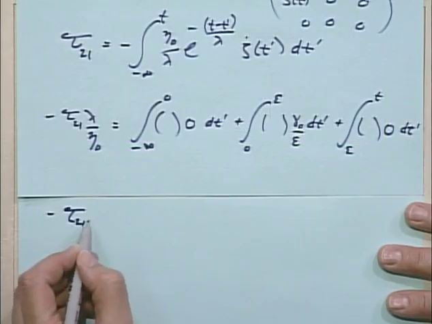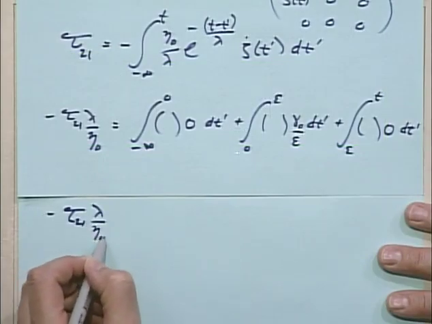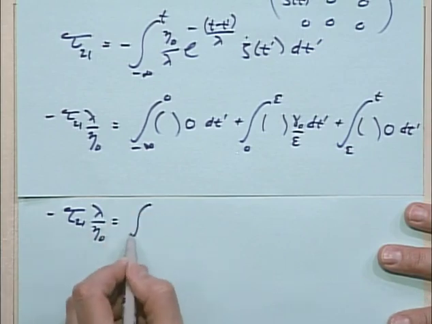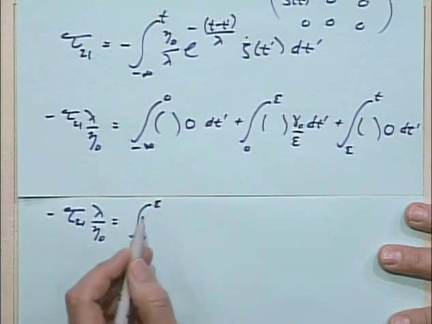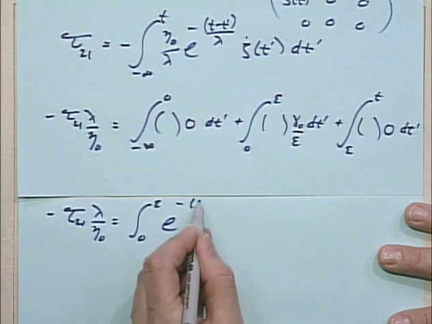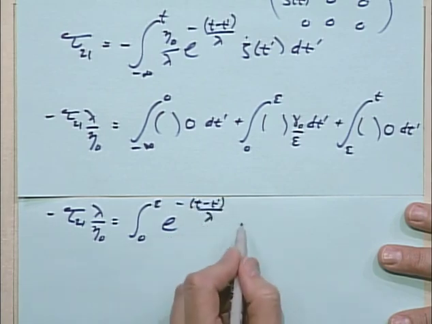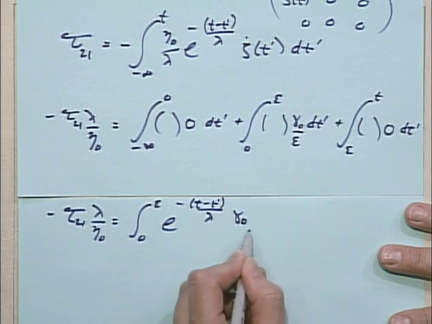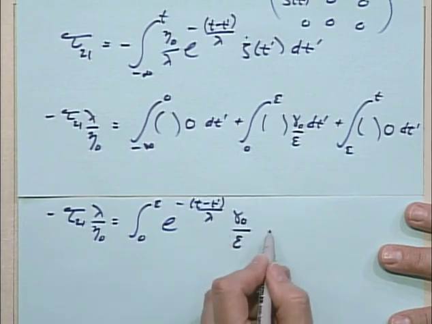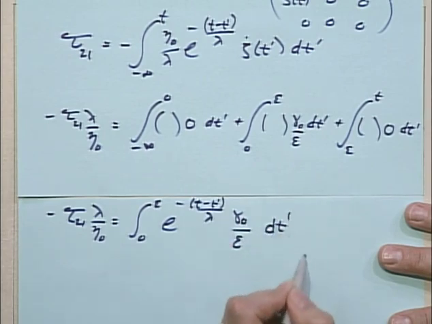Minus tau 21 lambda over eta naught equals the integral from 0 to epsilon e to the minus t prime over lambda times this constant gamma naught times this epsilon that I'm going to take a limit, dt prime.